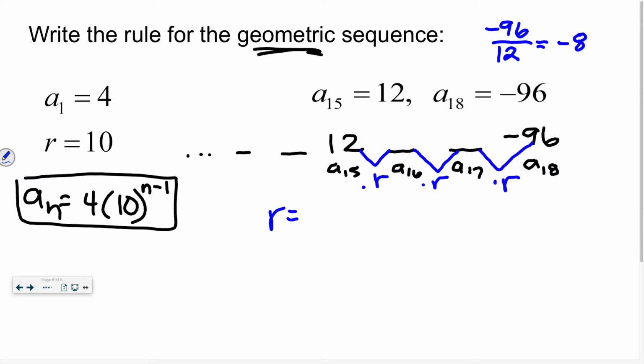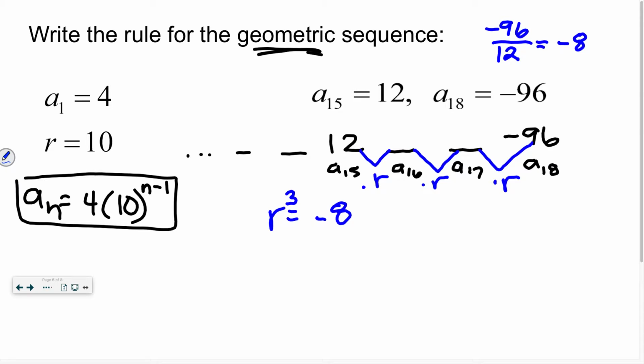So from the 15th to the 18th term, we're multiplying by R 3 times. So we could really write R times R times R as R cubed. And we know that R times R times R is the one big thing we multiplied by, right? Negative 96 divided by 12, or negative 8.